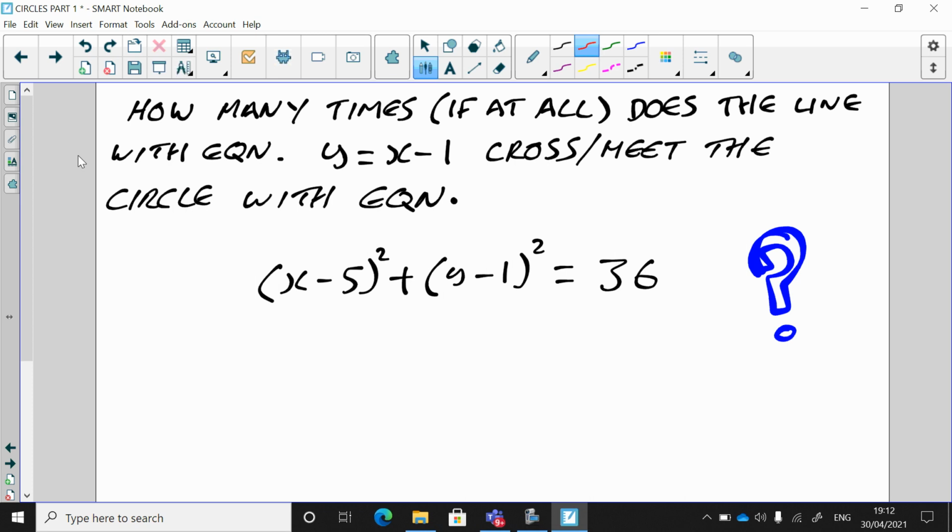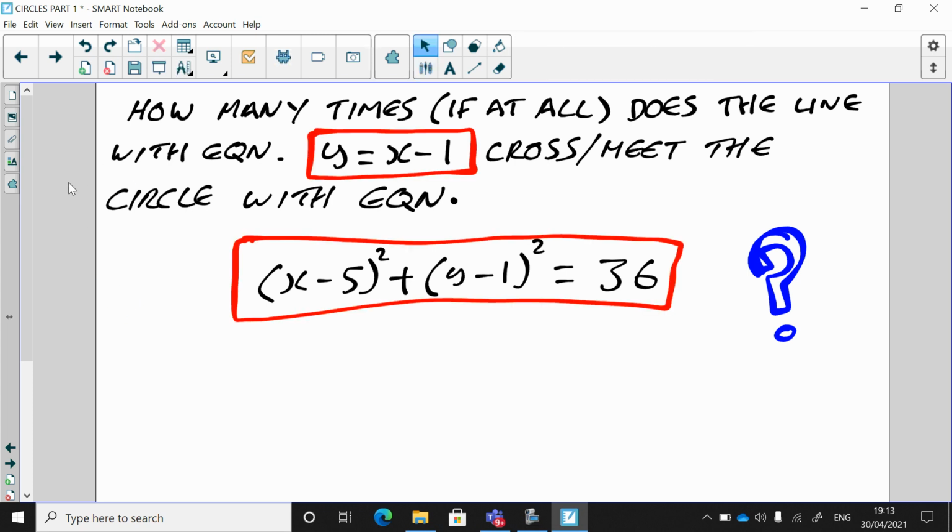Right, we've got a line, we've got a circle equation. They are the important parts. There's various ways we can approach this. This is how I'm going to approach it.